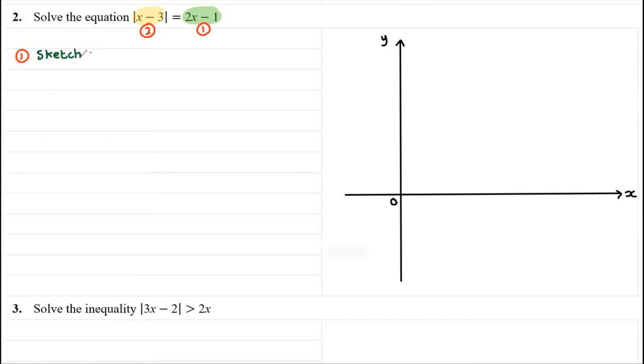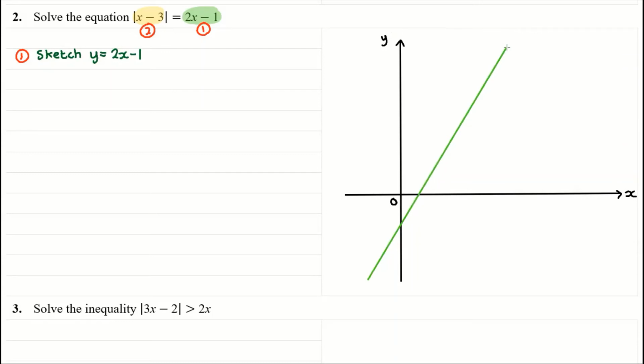Okay, so y is equal to 2x subtract 1, which we know what that looks like because we've dealt with it already. So I'll do it in the same way. So y-intercept at -1 and a gradient of 2. And notice this is not modulus, so it's going to be relatively steep, so something like that.